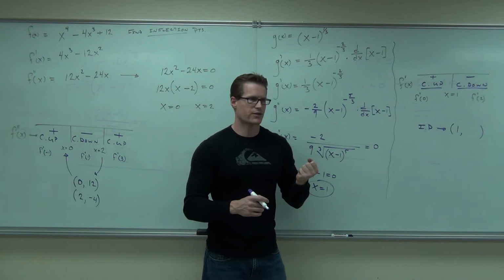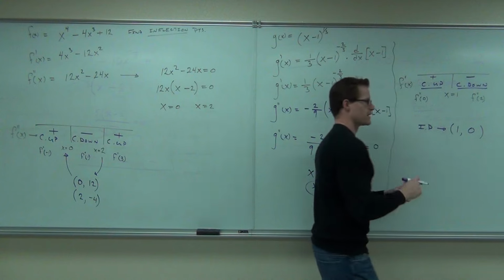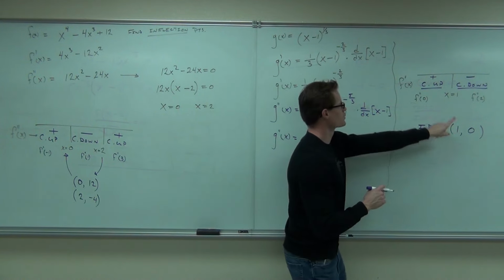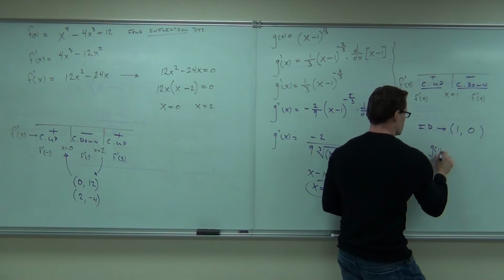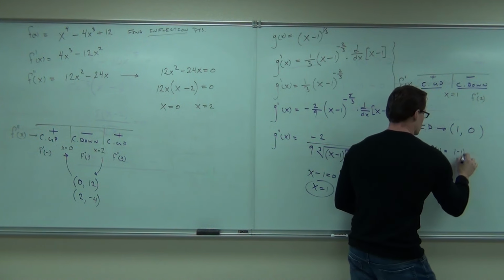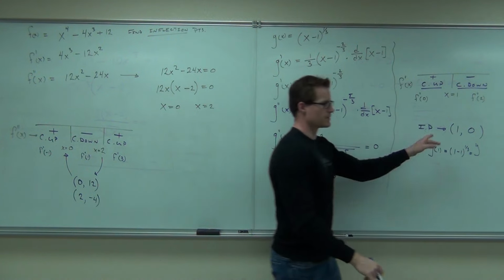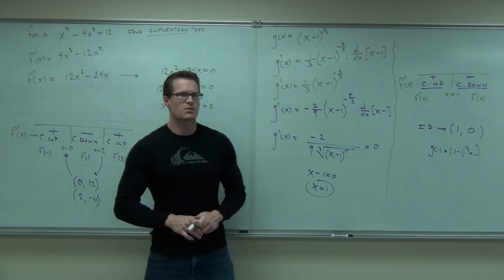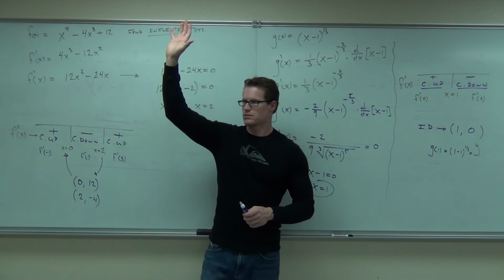Yeah. 0 inside of a radical? Always fine. 0. That's your inflection point. So this goes back to my original function, g of 1. And that's how we get that 0. By a show of hands, how many people feel okay with our second derivative test? Yeah, no? Good, all right.